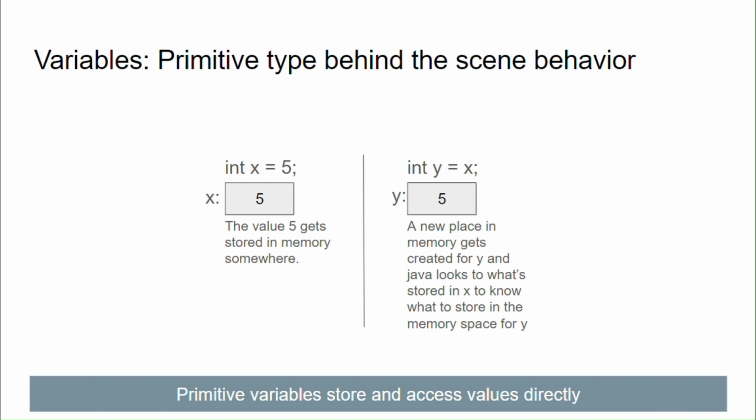If we in the future change x to equal 10, then Java is going to go to the place in memory for x, and it's going to change that value to 10. There could be a scenario where we create a new variable. Let's say we want to create a variable y and we want it to equal x. Java is going to create a new space for y, and it's going to look at what's in x.